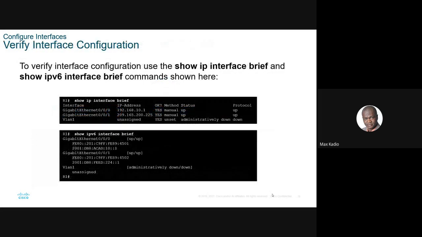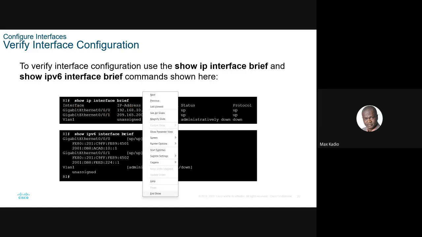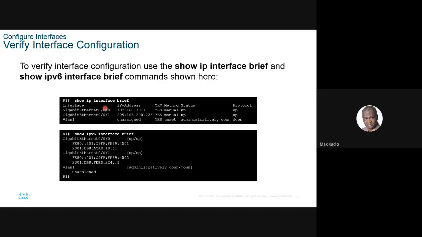I think that's all for this chapter. You see that show IP interface brief. And also, if you do the show IP interface brief, I'm going to show something else. First thing first, check this one and we continue.